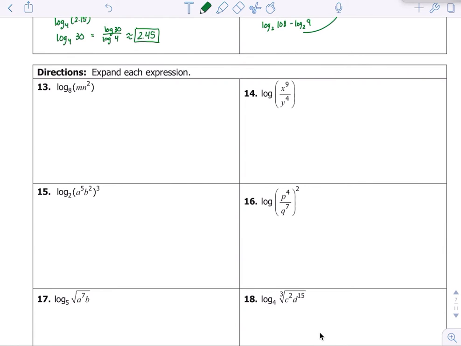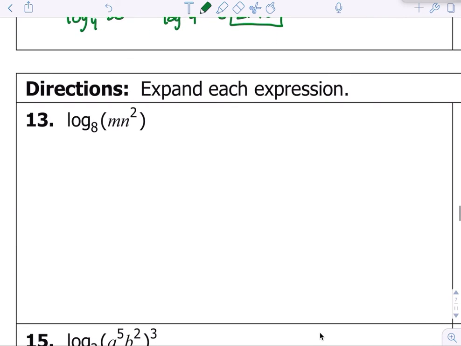Alright, last 6. Okay, we're going to expand. So when we expand, you guys, we basically have to have a bunch of logs, pretty much, right? Since m and n, there's multiplication in between there.